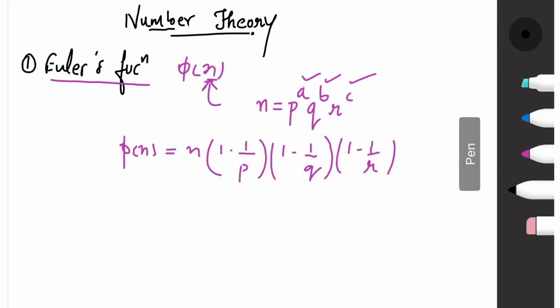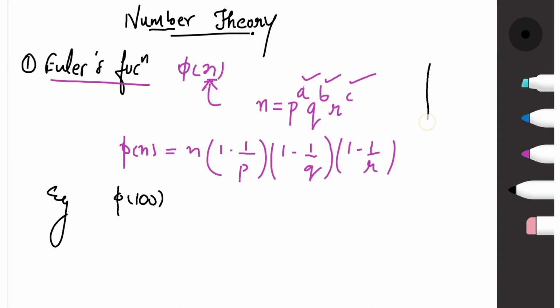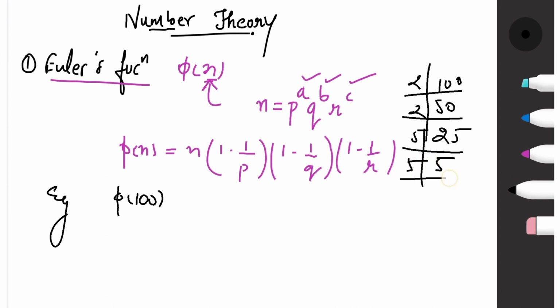For example, let's say we want to find out phi of 100. The first step is to factorize 100, and you will get 50, 2, 25, 5, and 5, 1. So I can write 100 as 2 to the power 2 times 5 to the power 2, where 2 and 5 are prime numbers, and the power of each prime is 2.